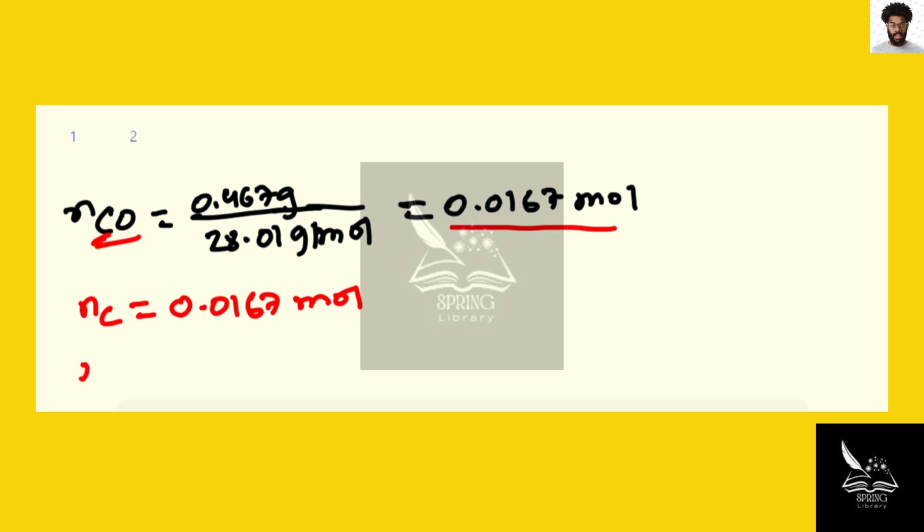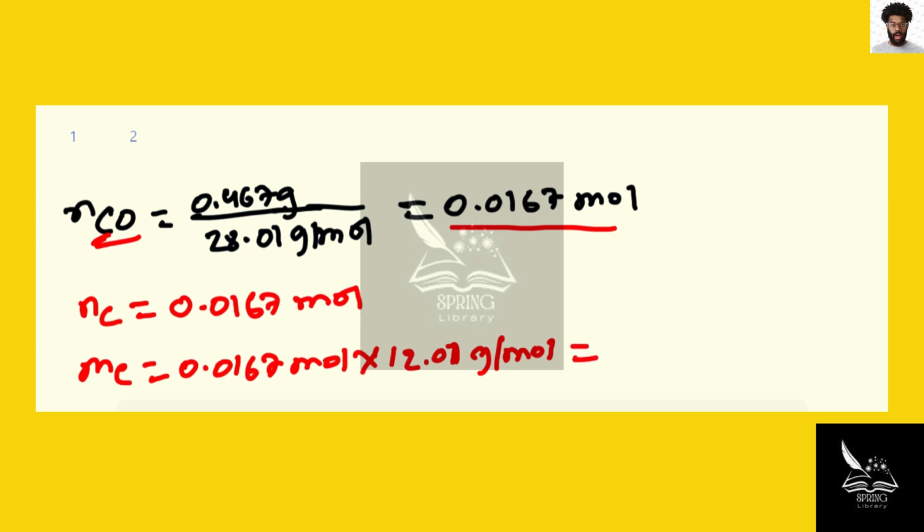And from here we can find the mass of carbon which is being produced in the form of carbon monoxide, which will be just the number of moles times the molar mass of carbon, which is 12.01 gram per mole. It will give us a value of 0.200 gram. So this is the mass of carbon which is being produced in the form of carbon monoxide.